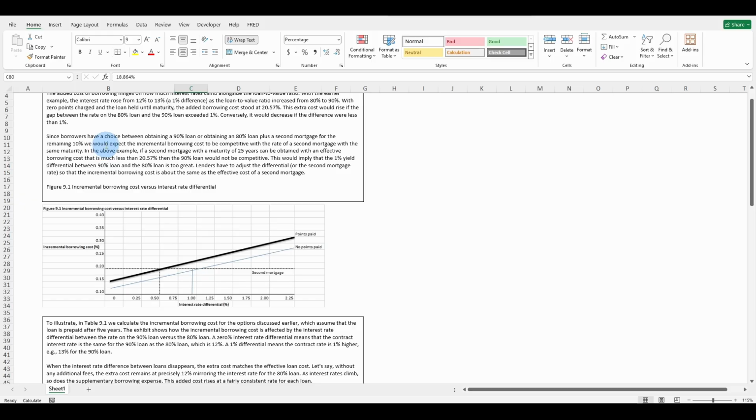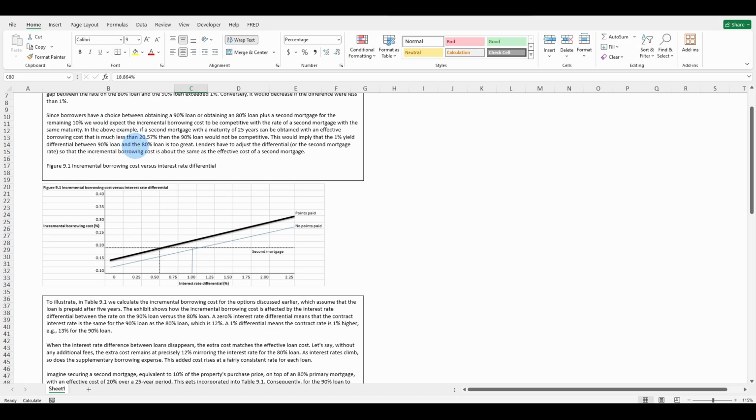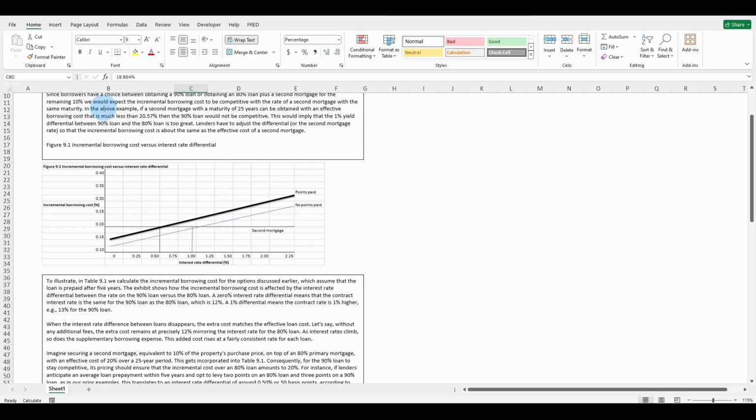Since borrowers have a choice between obtaining a 90% loan or obtaining an 80% loan plus a second mortgage for the remaining 10%, we would expect the incremental borrowing cost to be competitive with the rate of a second mortgage with the same maturity. In the previous example, if a second mortgage with a maturity of 25 years can be obtained with an effective borrowing cost that is much less than 20.5%, then the 90% loan would not be competitive.